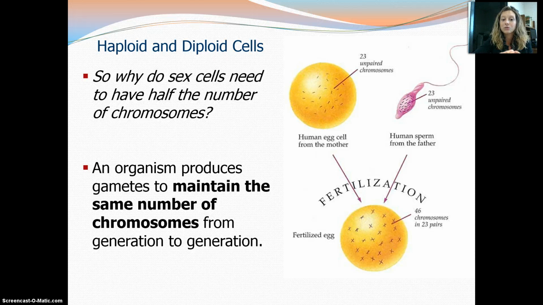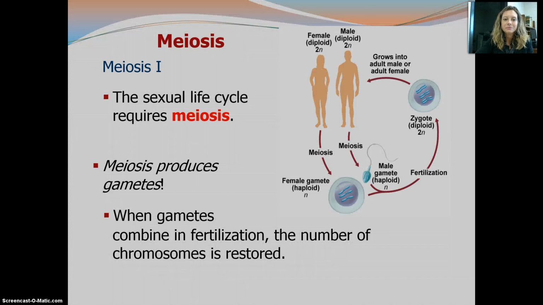So an organism produces gametes essentially to maintain the same number of chromosomes from one generation to the next. When the 23 from the egg pairs with the 23 from the sperm during fertilization, that fertilized egg is your very first somatic cell. Okay, that's your very first body cell. So then that fertilized egg is going to start going through mitosis, making more and more cells that have 46 chromosomes, and that, my friends, is how we get a baby.